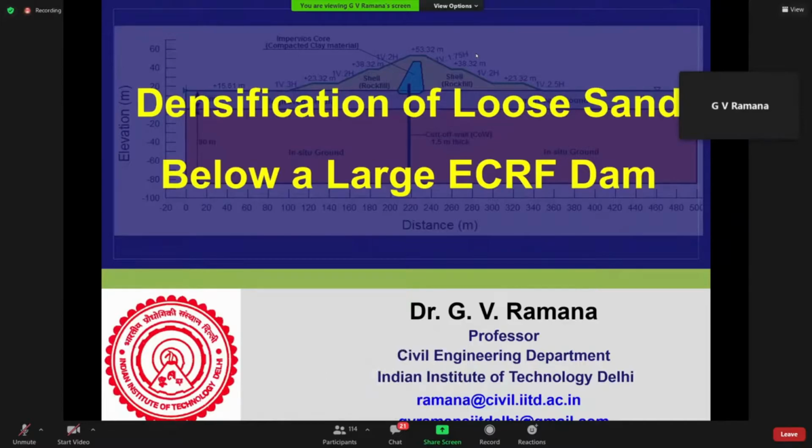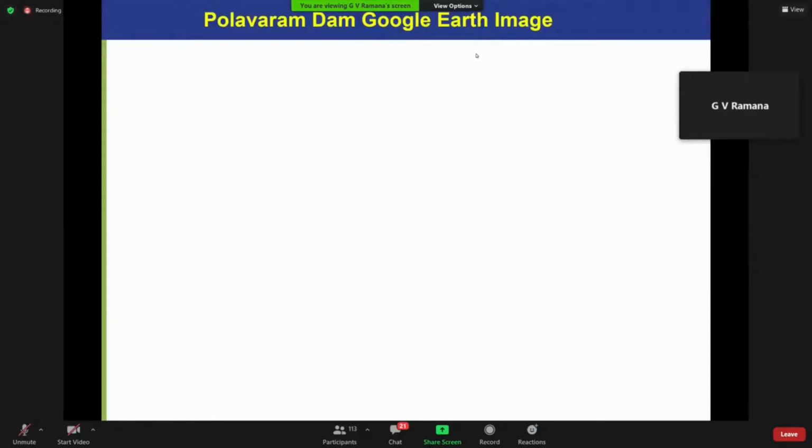Thank you very much, and good morning, everyone, distinguished senior professors and the delegates. This is about a small project I got involved in at the Polavaram project. This place is close to my native place, and this is one of the large earth dams. By large, I mean not in terms of height but in terms of length.